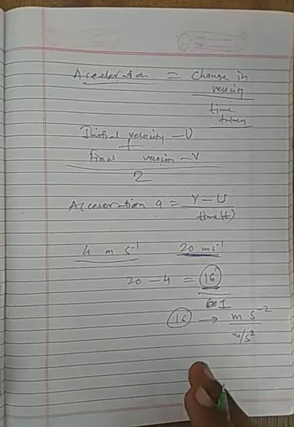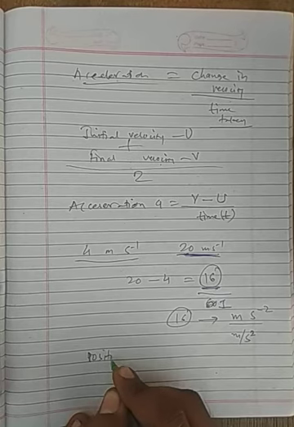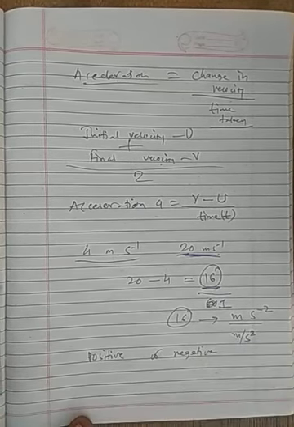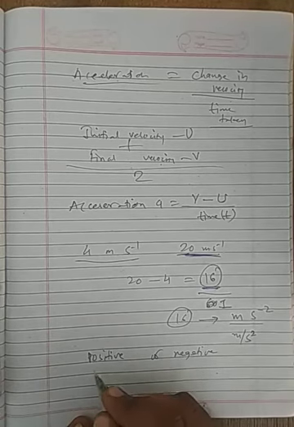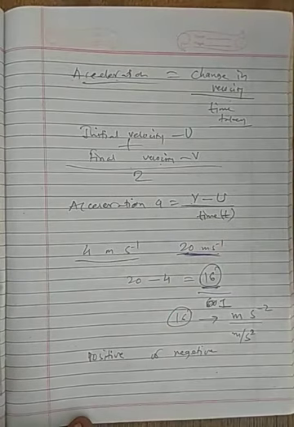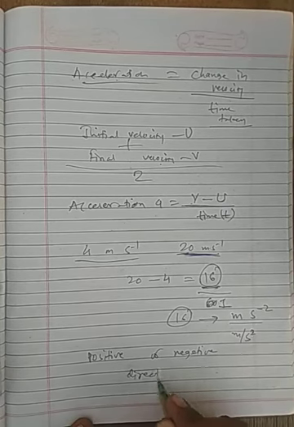Now this acceleration can be either positive or negative. What does this mean? We are here talking about acceleration, which includes velocity, final or initial. We know that velocity describes direction.